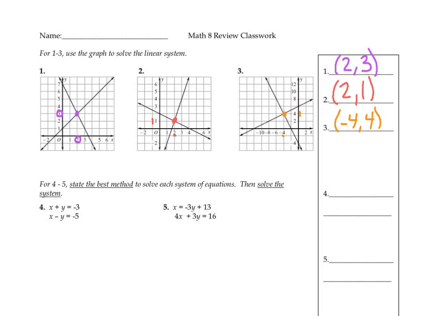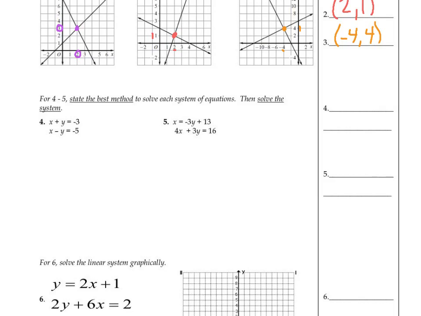So now for the directions for 4 through 5, it says to state the best method to solve each system of equations and then solve the system. So looking down at number 4, we see we have x plus y equals -3 and x minus y equals -5.